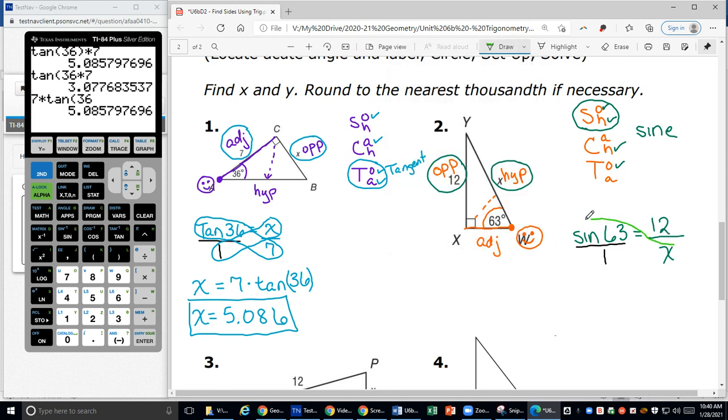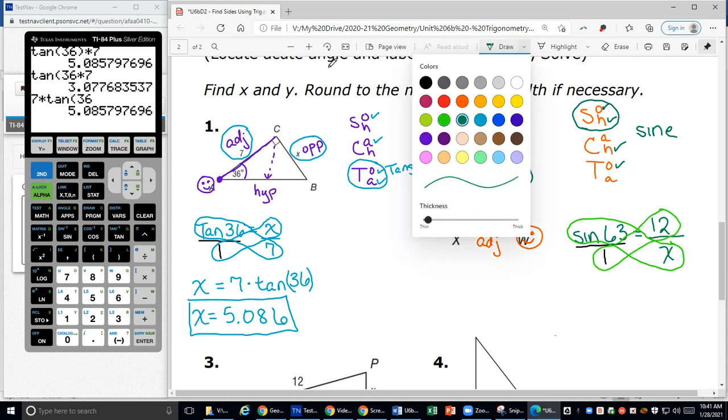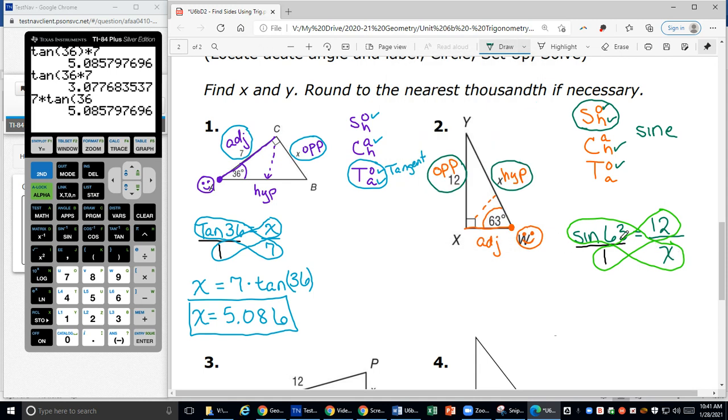I can do x times the sine of 63 and 12 times 1. So x times the sine of 63 equals 12 times 1, that's just 12.